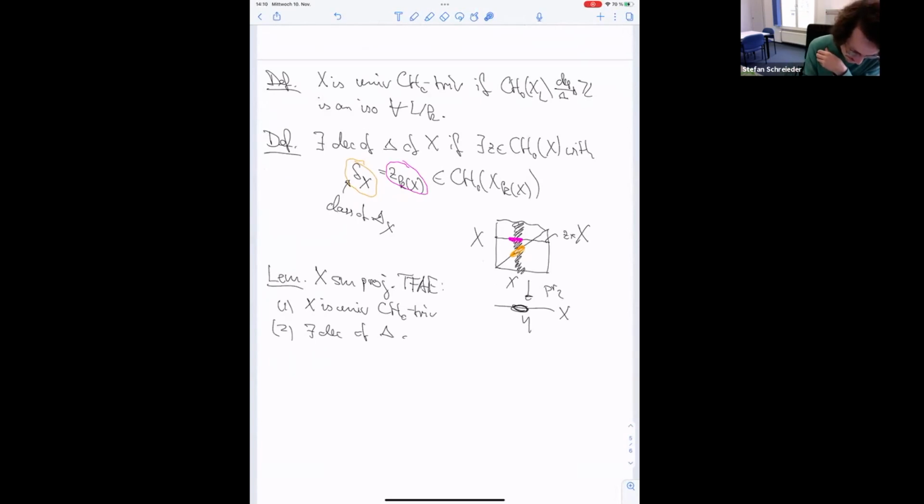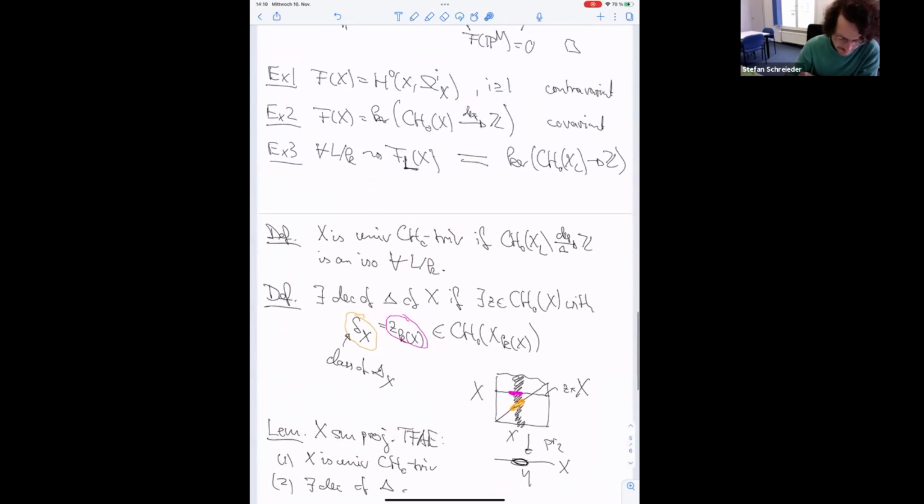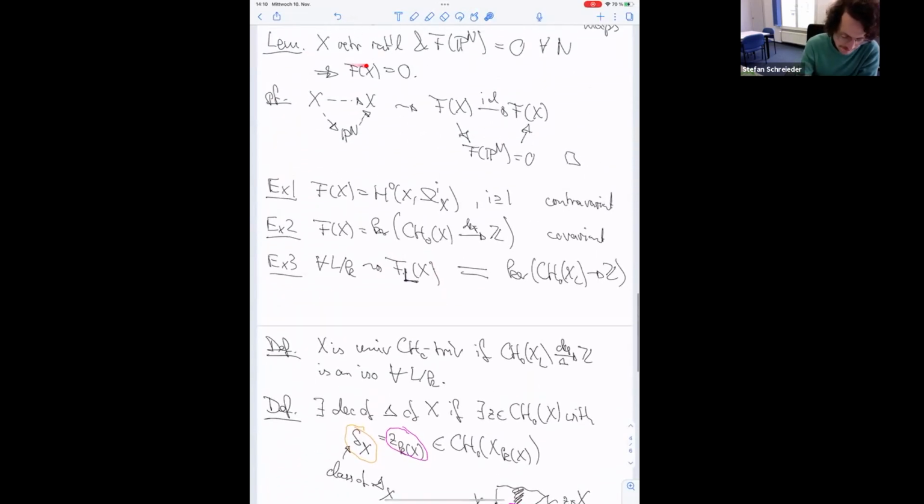But that also explains somehow the title. So, but what I would like to know is whether the quartic has a decomposition of the diagonal or equivalently, whether it's universally CH_0 trivial. And if it is not, then this functor is not trivial on this X. And then by the lemma, X was not retract rational. Okay.